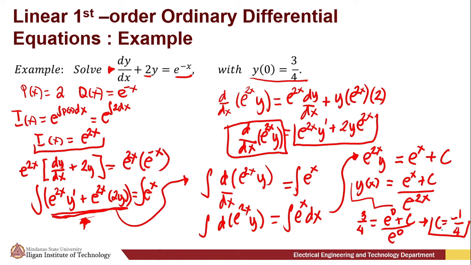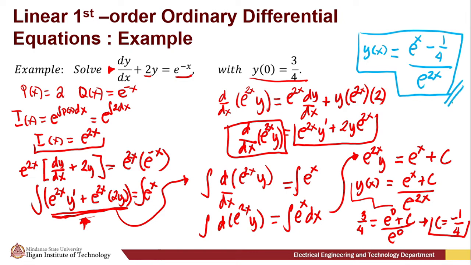So substituting back the value of our arbitrary constant into our solution, the solution of our differential equation will be y of x equals e raised to x minus 1 over 4, divided by e raised to 2x. So this is the solution for our differential equation dy over dx plus 2y equals e raised to negative x.